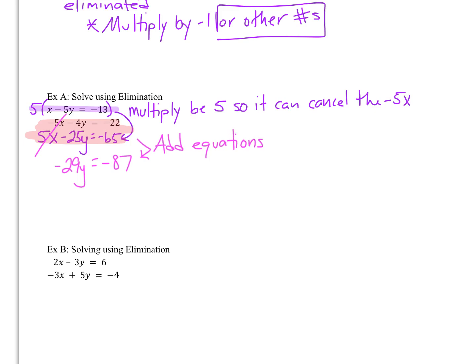Okay. And then I finish solving for y. So I'm going to divide by negative 29. And so y equals 3 on that.